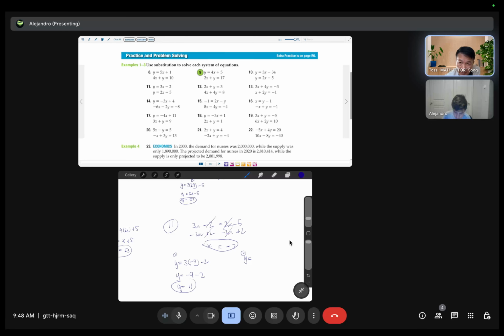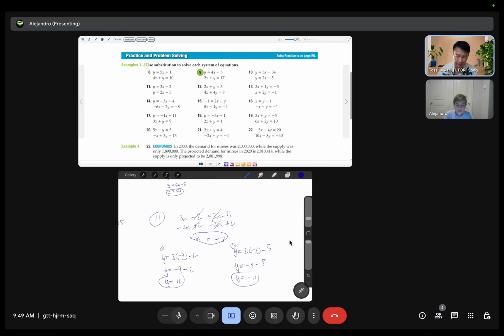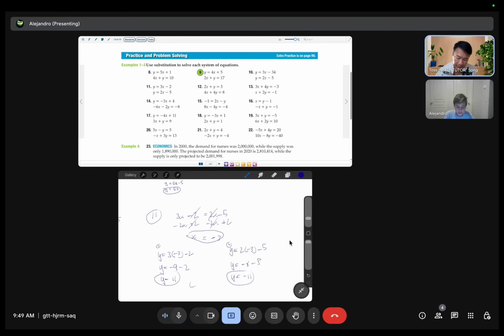So I'm going to plug in -3 into the second equation: 2 times -3 minus 5. So y equals -6 minus 5, same y. See, same answer, -11. Doesn't matter which one you plug in. I just wanted to show you that. Okay, good. So put it in coordinate form if you want to: -3 comma -11.